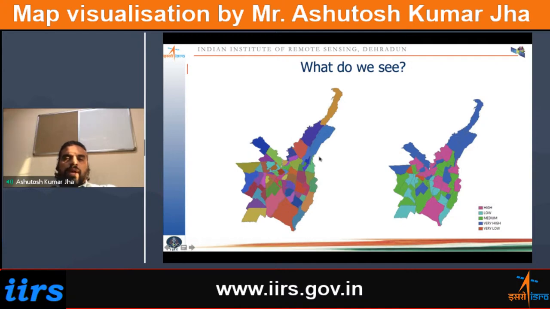Once this information is represented like this, it's very difficult to comprehend what exactly we are trying to show. At most, if I give this map to someone, he or she will be able to tell that there are a few polygons which are distinct from one another, but what the values are and how they are related is not possible to find out.